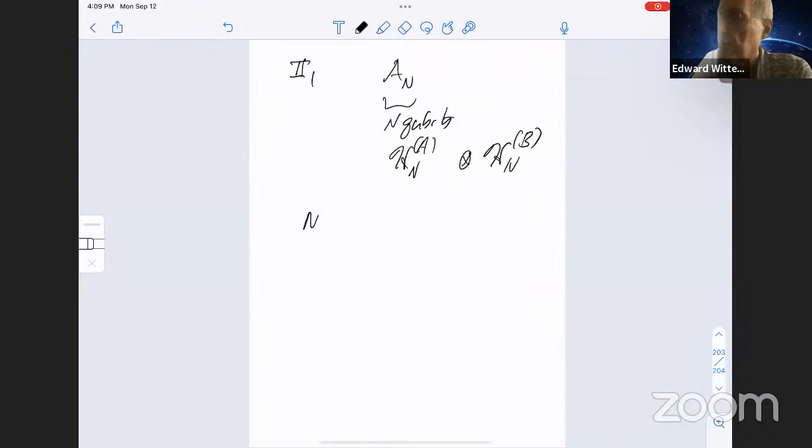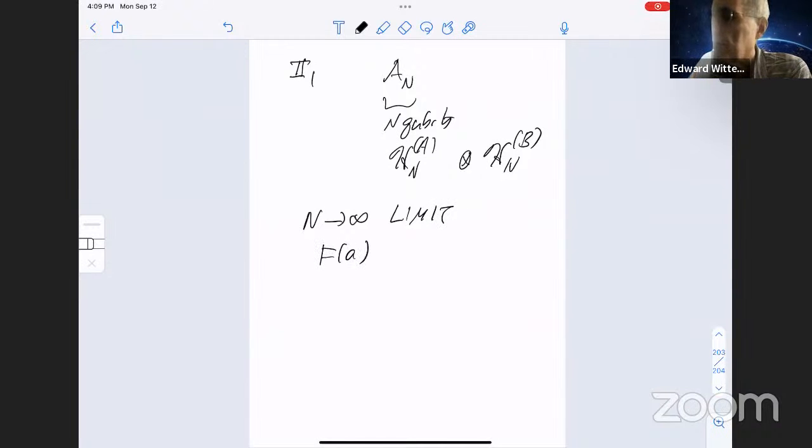Then we took the n to infinity limit. I skipped a couple steps, but the function f of A had a limit. And so we defined an algebra.